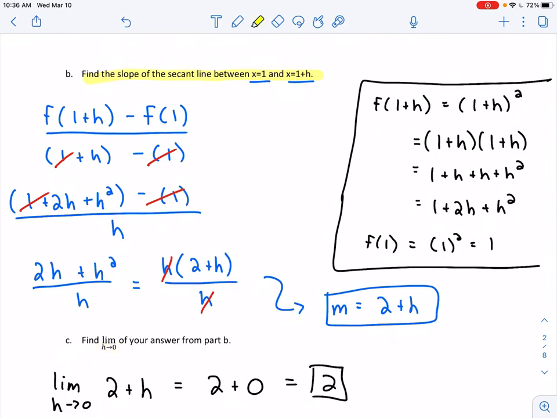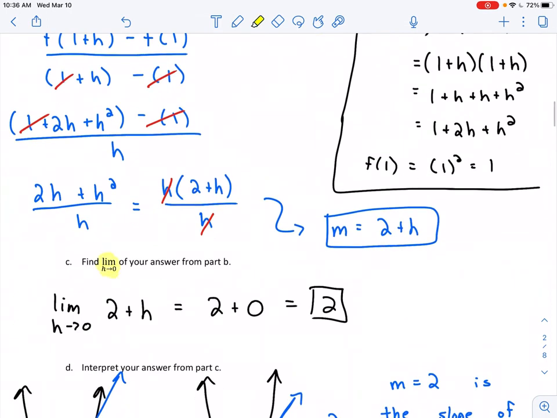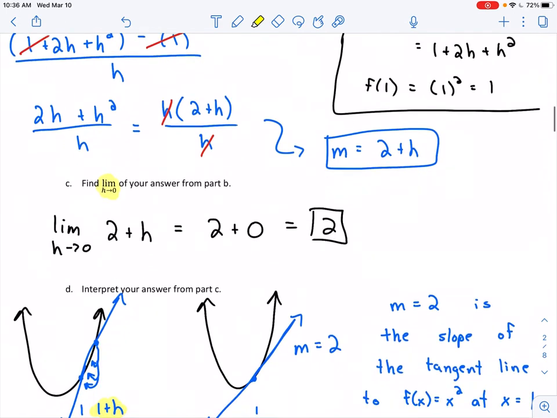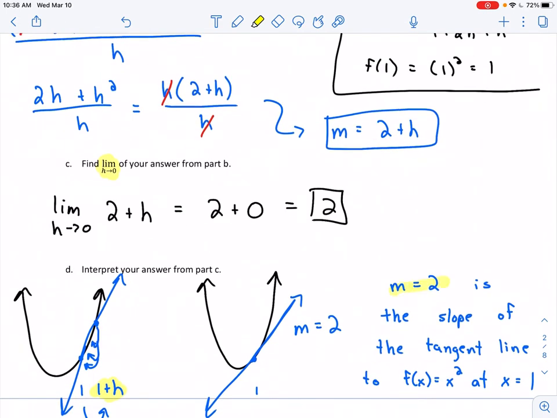And then we took that second point and moved it as close as possible to our original point, to x equals 1, and that's how we found the slope of the tangent line. So we used what we knew about slope of the secant line and limits to help us find slope of the tangent line, which is very, very cool.